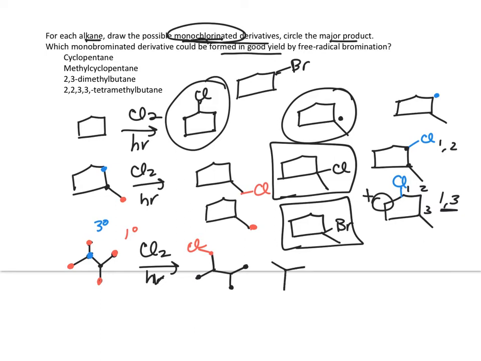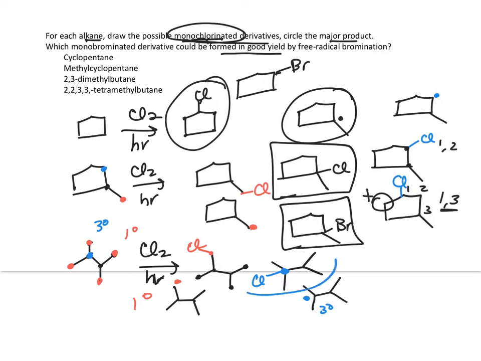So what would that look like if you got a chlorination product on that carbon? It would be there. Now you think about the free radicals that lead to these, the intermediate free radical that would lead to this product. This would be a primary, and for this product it would be a tertiary.